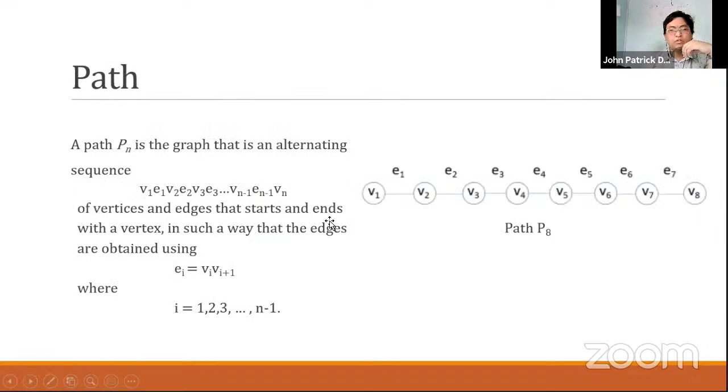So we will proceed to the graphs considered by the authors. The first graph is a path.